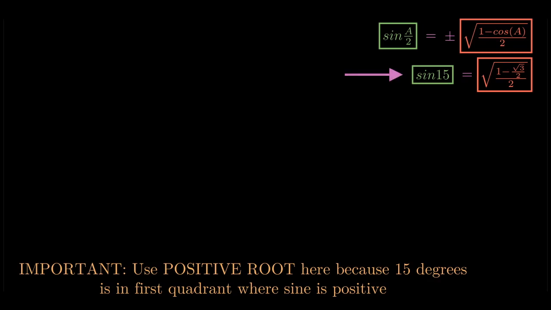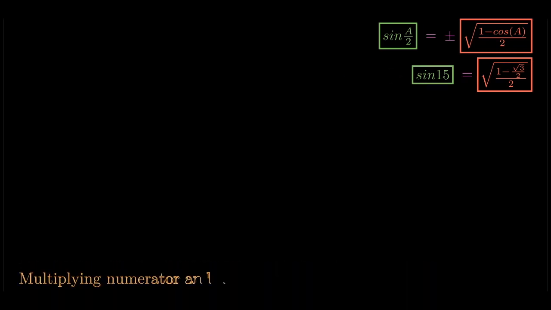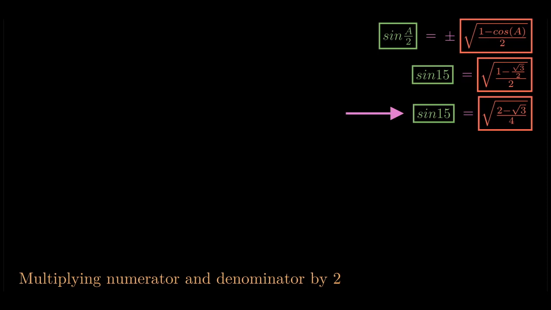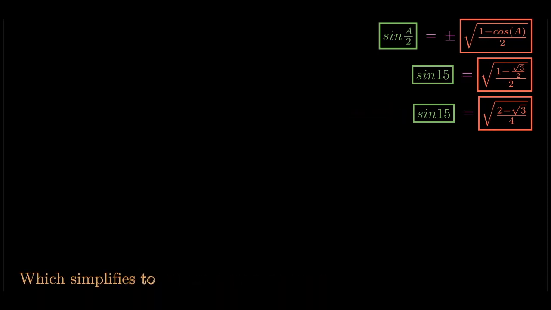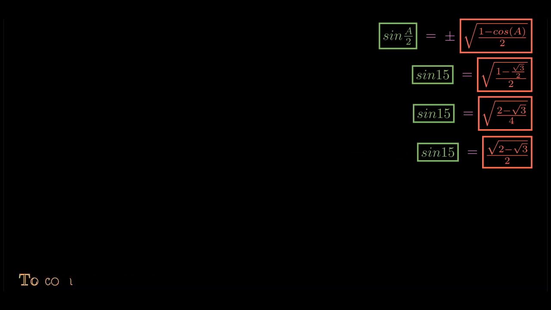Here we'll use the positive root, and sine 15 equals 1 minus square root of 3 by 2, divided by 2, the square root of that. And multiplying numerator and denominator by 2, we get sine 15 equals 2 minus square root of 3 divided by 4, which simplifies to sine 15 equals square root of 2 minus square root of 3, divided by 2.